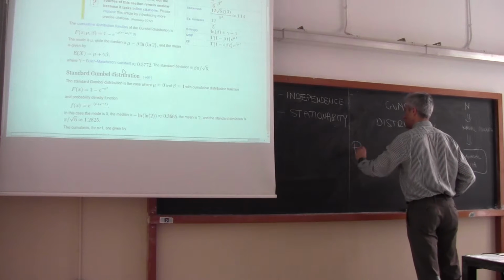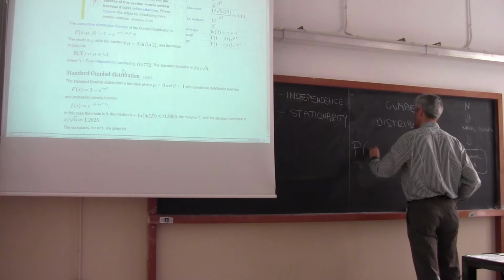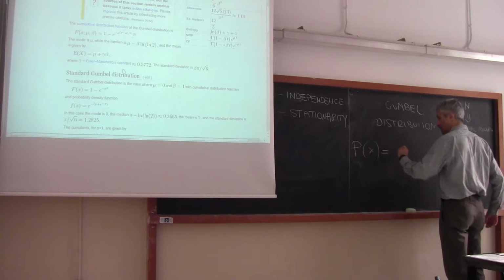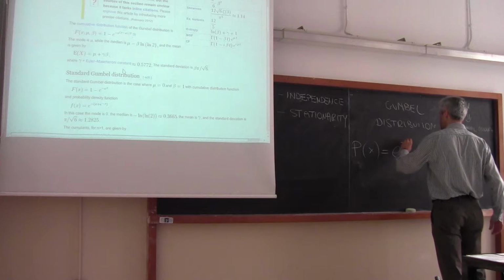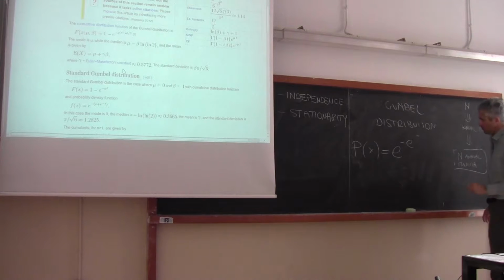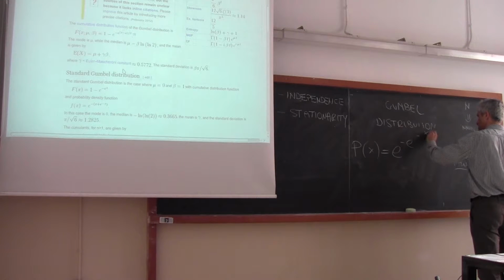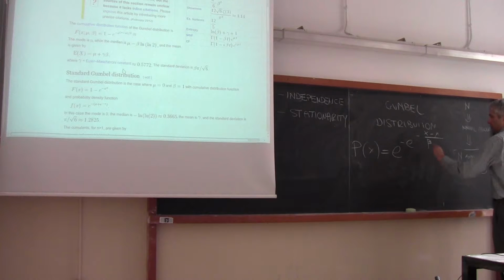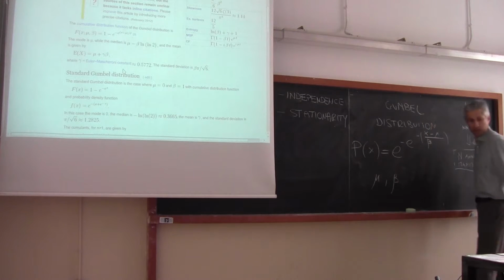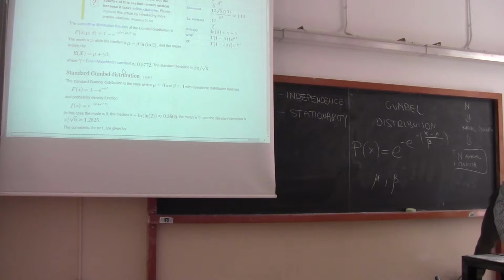So, capital P of lowercase x is equal to e to the power of minus e to the power of minus (x minus mu) divided by beta. And the parameters are mu and beta. Let me see if the symbols are the same. Yes, mu and beta. Okay.